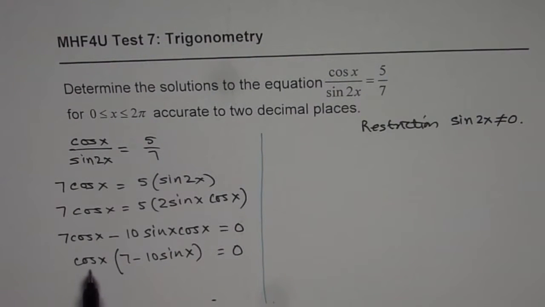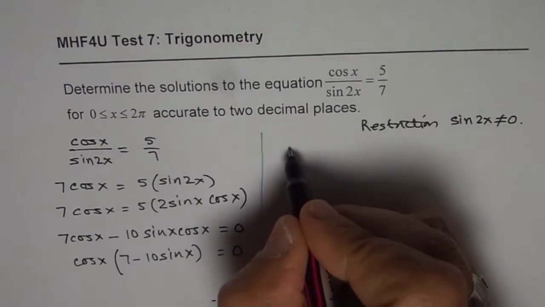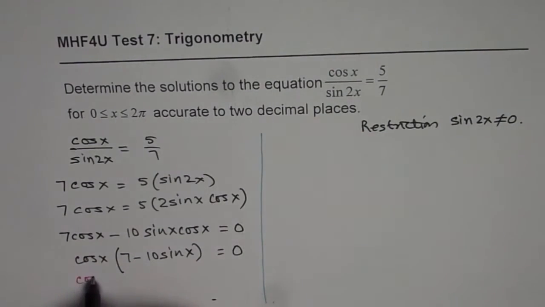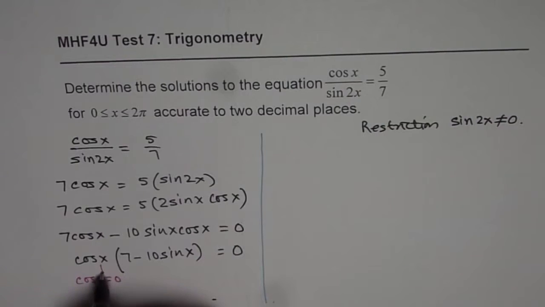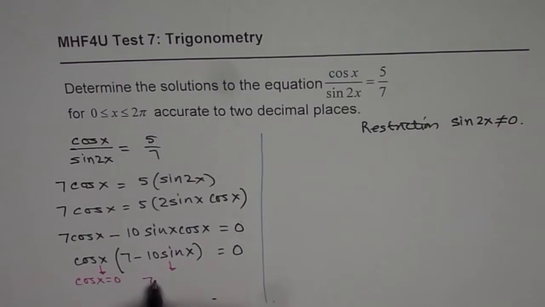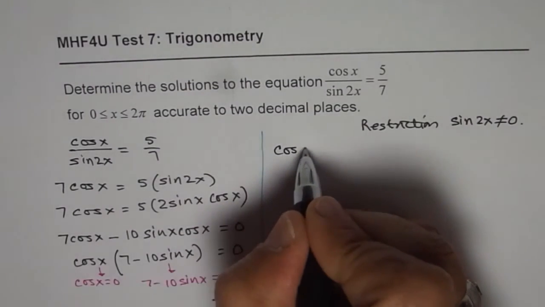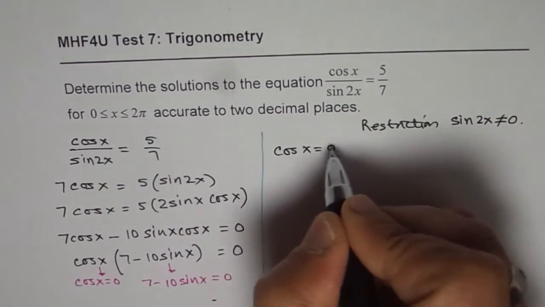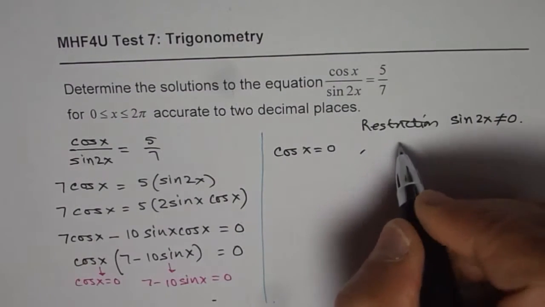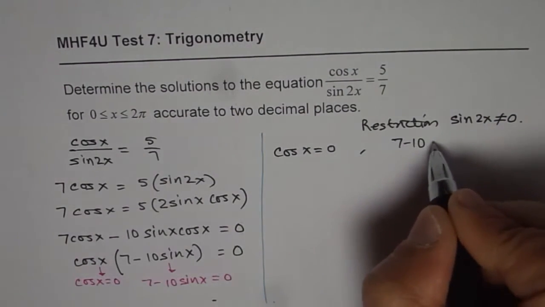One is that cos x equals 0, and the other set of solution is 7 minus 10 sine x equals 0. So these are two possible solutions, correct? So let's write them down and then analyze them.